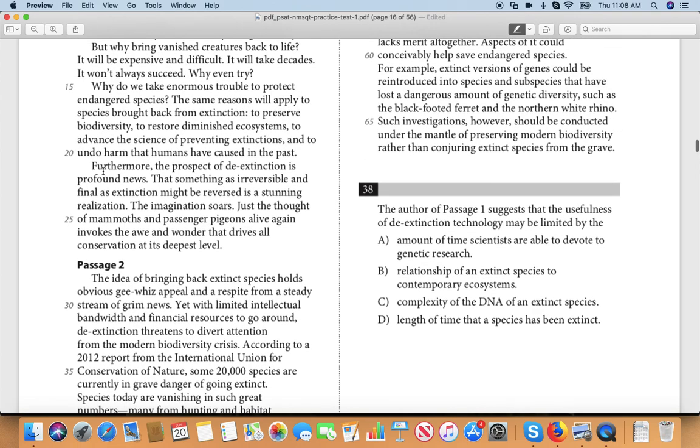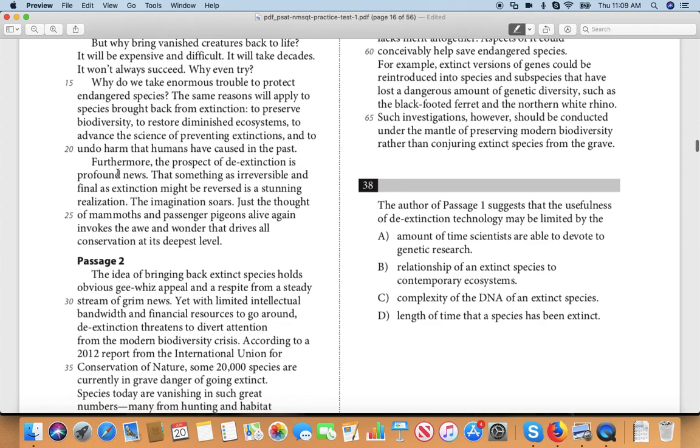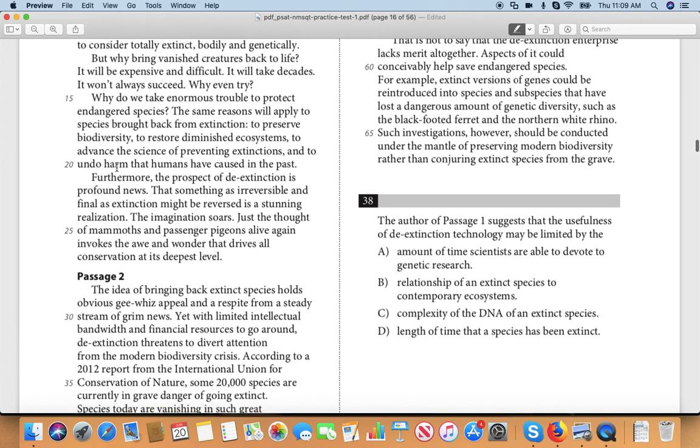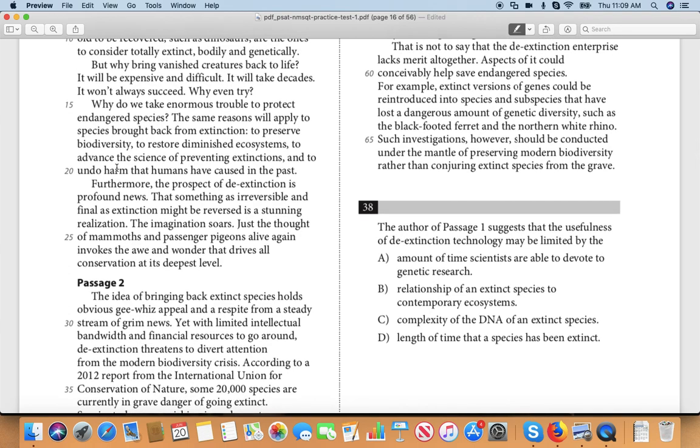Go ahead and read that sentence for me, please. Furthermore, the prospect of de-extinction is profound news. Now, how would the authors of Passage 2 respond to that prospect of de-extinction? What would they be saying?